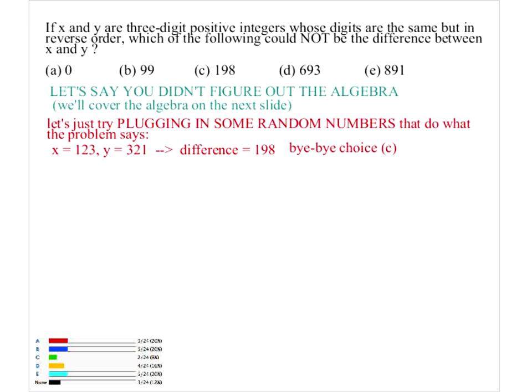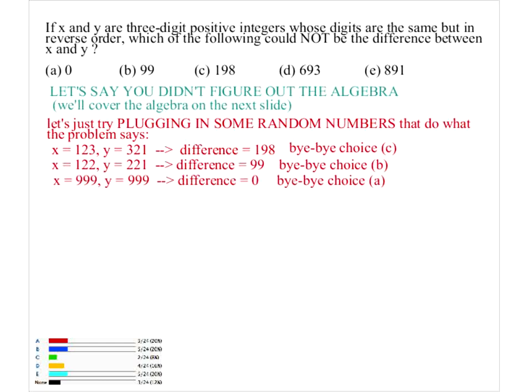The difference is 99, so choice B. And then somebody wrote 101. If x is 101, then what's y? 101 again, same kind of thing. So the difference between those numbers is 0, so choice A.